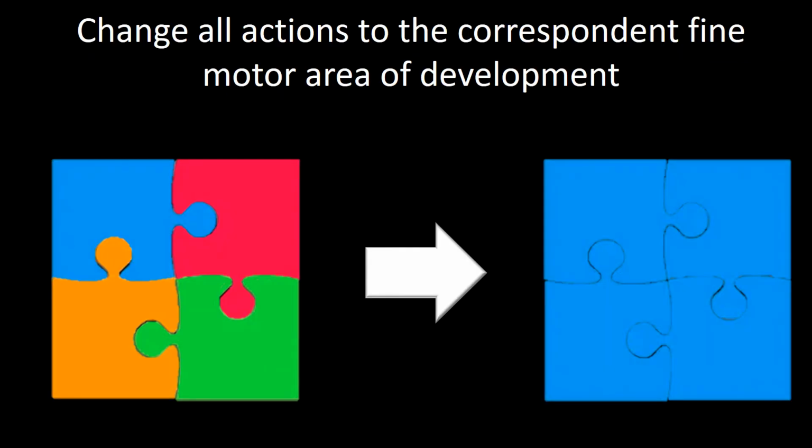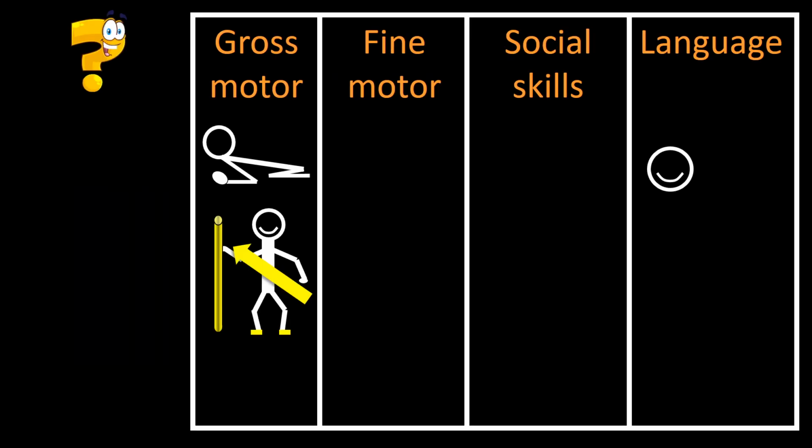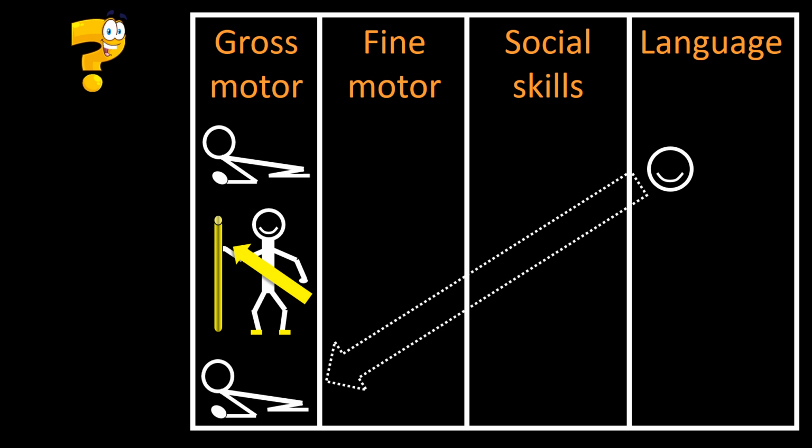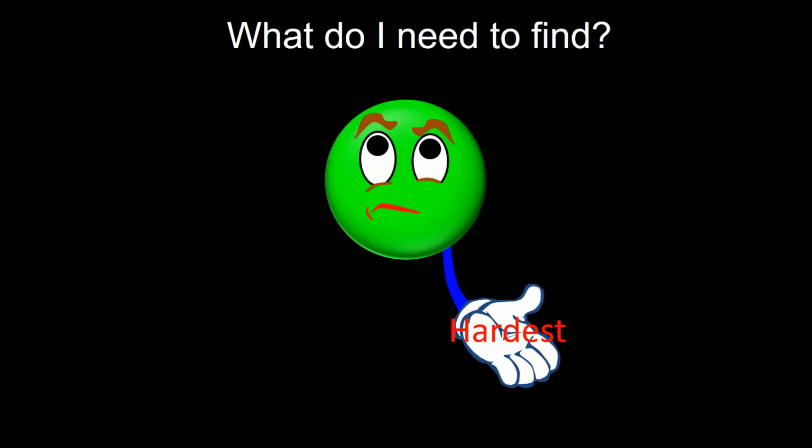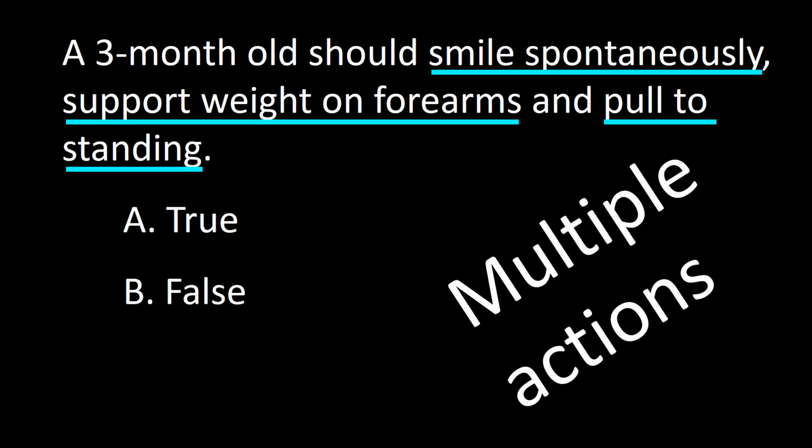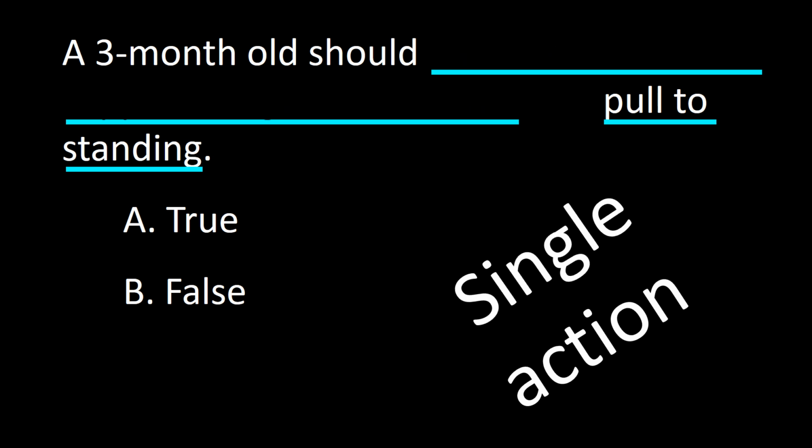So in this case, the process of changing all milestones to a single area of development is accomplished by converting the language area milestone to a gross motor milestone equivalent, as is being illustrated here in this frame. The next step is to choose the hardest milestone, as depicted here. So this true and false multiple action question has now become a single action question.